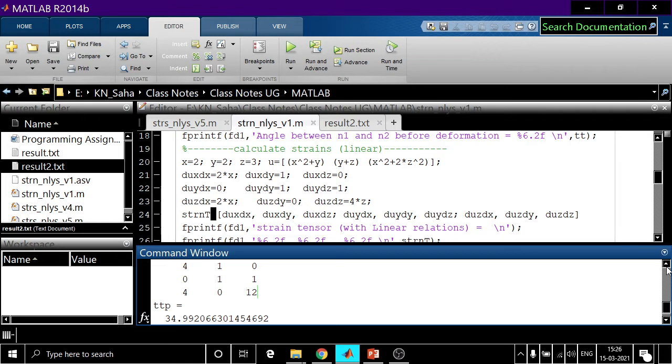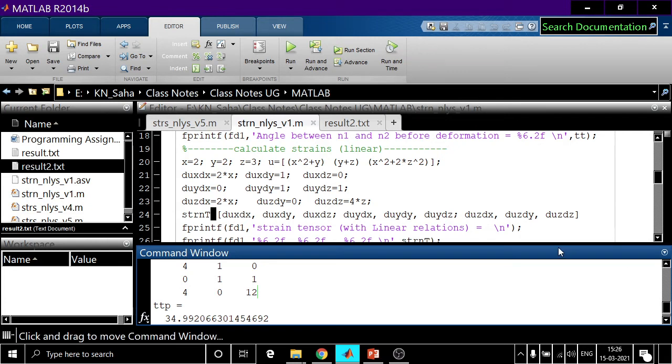Is it a symmetric one? No, this is not symmetric. Should it be symmetric or not? It should be symmetric. This is not a proper strain tensor because gamma xy is not equal to del ux by del y. It is half of del ux by del y plus del uy by del x.